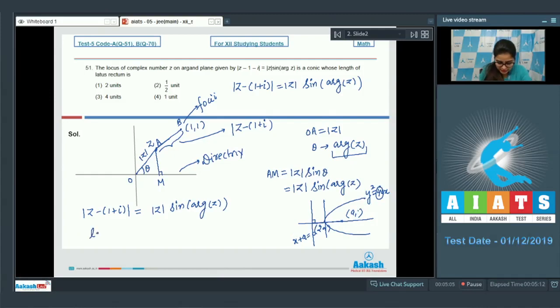So here the length of the latus rectum is equal to 2 times that distance. This distance is 1, so the length of the latus rectum is 2. So option number 1 is your correct answer.